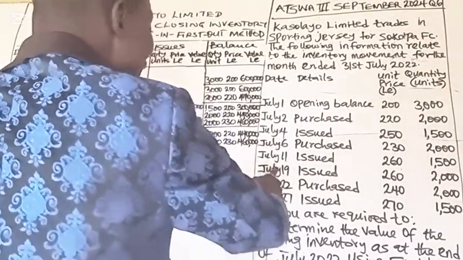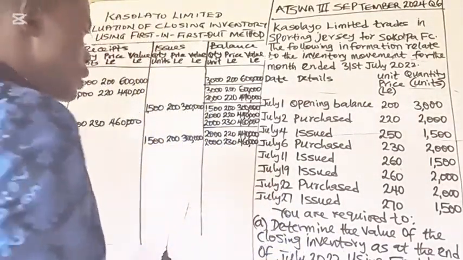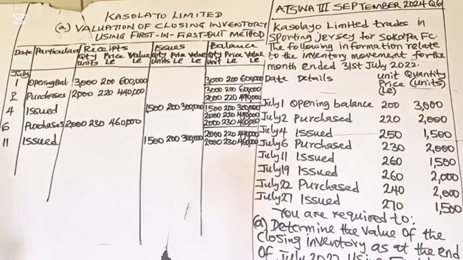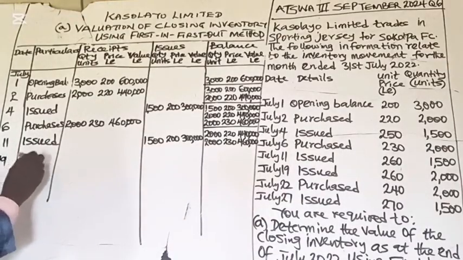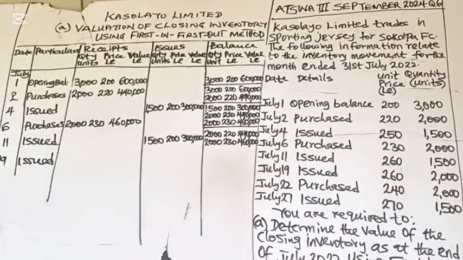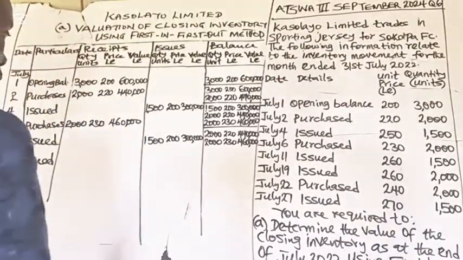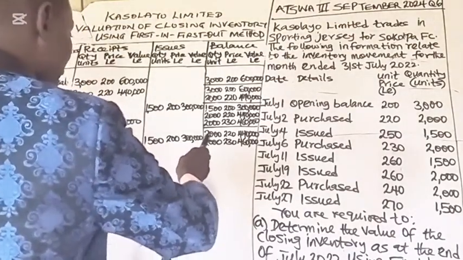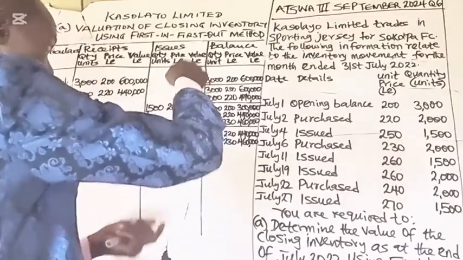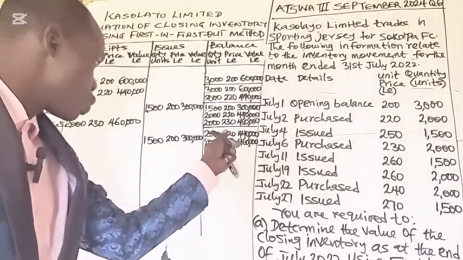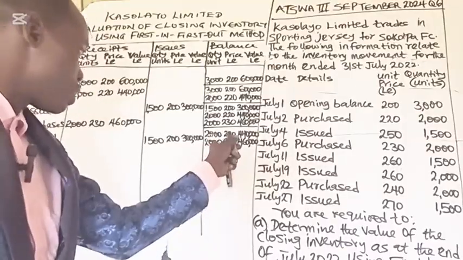On the 19th of July, you want to issue 2,000. What you want to issue is 2,000. The quantity you have in the store is up to 2,000. That means your issue will be made from the oldest batch in the store, and the oldest in the store is this 2,000 at the price of 220.